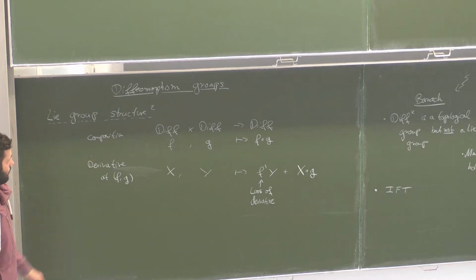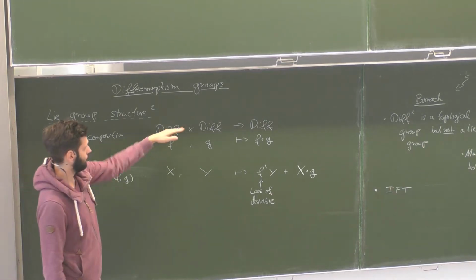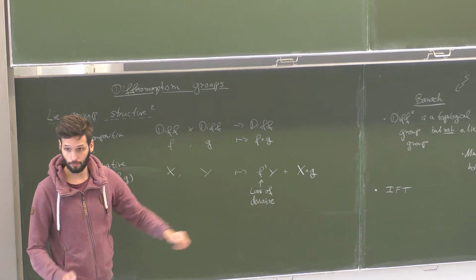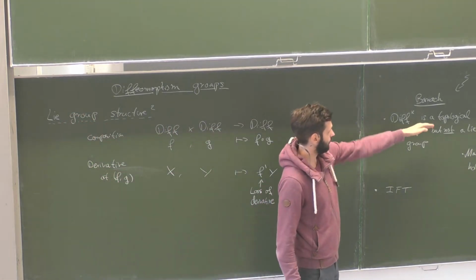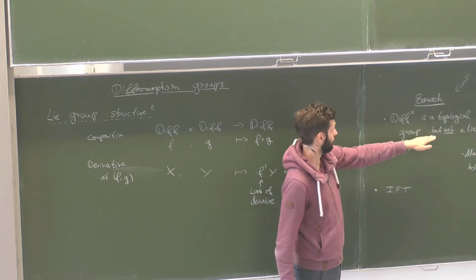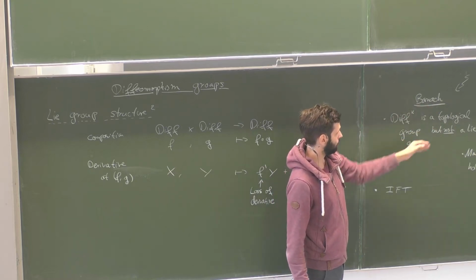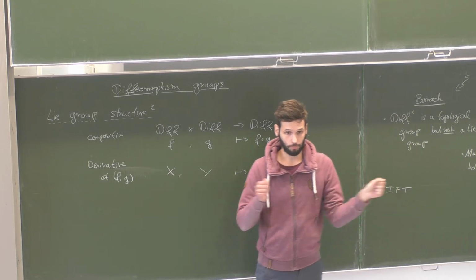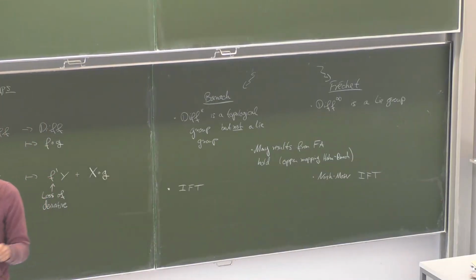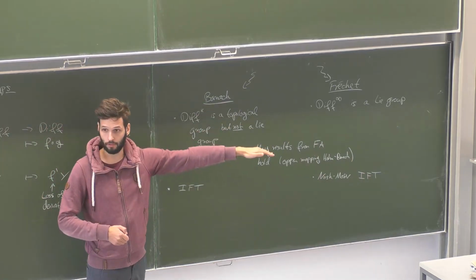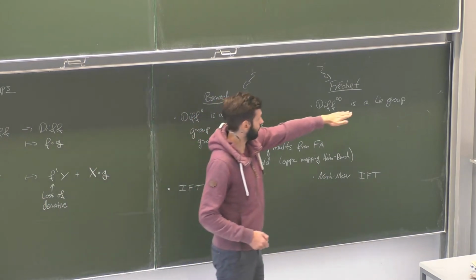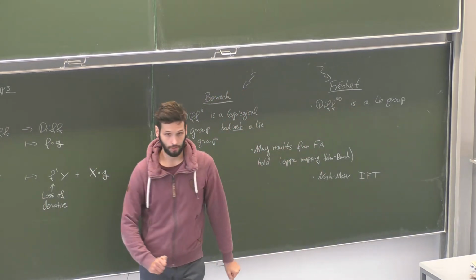So the upshot is that if you want to fix the degree of regularity of your diffeomorphisms, say Sobolev or C^k, then what you end up with is a topological group, which is a Banach manifold, but it's not a Lie group, because the operation of composition is not smooth in your setting. The alternative approach is that we leave the Banach setting and really consider it as a nice Fréchet Lie group.